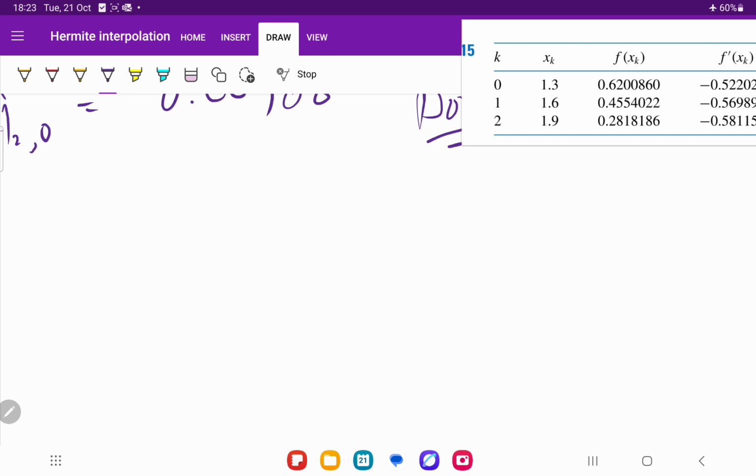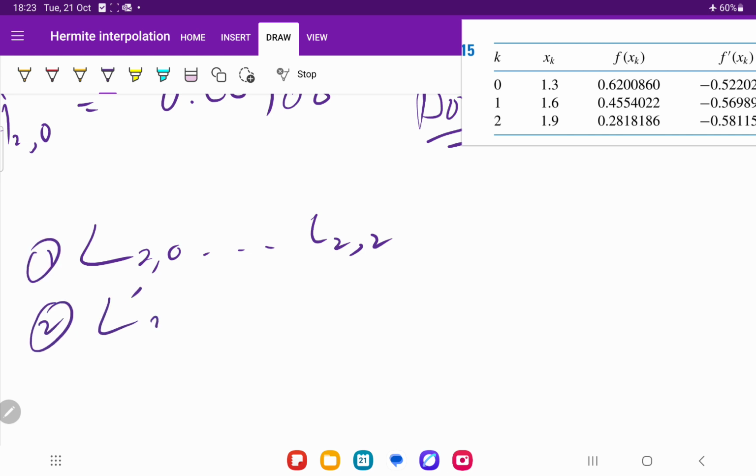Let me summarize. What is needed? First of all we have the Lagrange interpolations, starting from L20 until L22. Then in the second step we have the derivative. In the third step we have the square of L20 and so on.